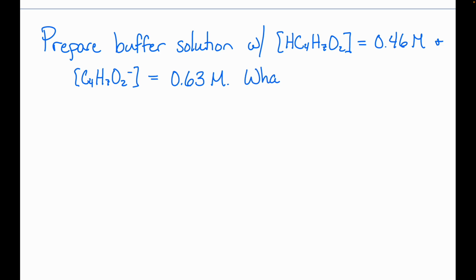I want to know what is the pH. All right, in case you missed it, I'll tell you that relevant Ka value was 1.5 times 10 to the negative 5.